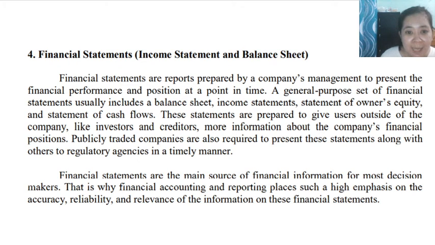This will include our balance sheet and income statement. In our worksheet, we can only prepare these two, income statement and balance sheet. The rest will be discussed in the next learning material and video lecture.